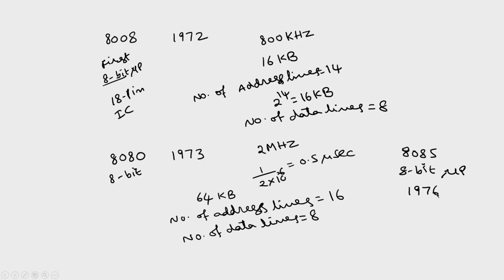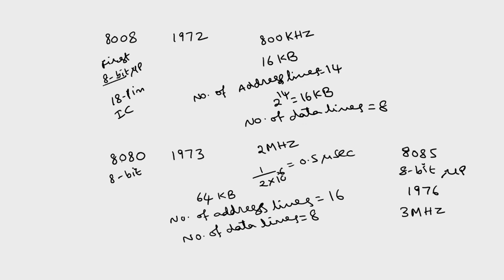So the major difference between 8085 and 8080 is, the clock frequency of 8080 is 2 megahertz, whereas 8085 is 3 megahertz. So one clock period is approximately 330 nanoseconds. And the memory capacity is same, the remaining things are the same, only the speed of this one is more.